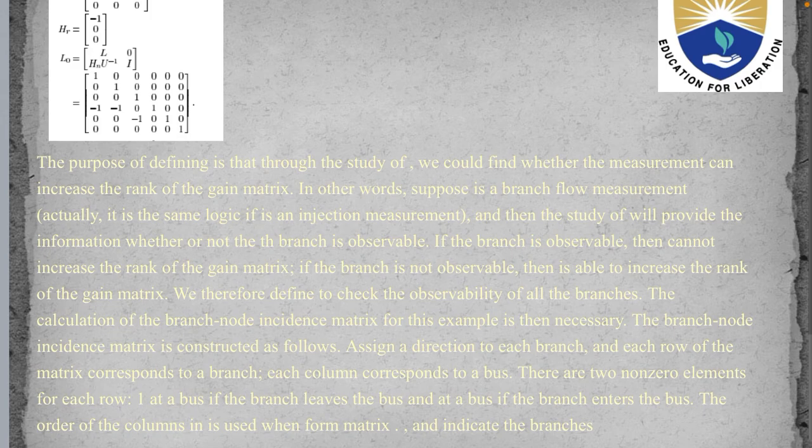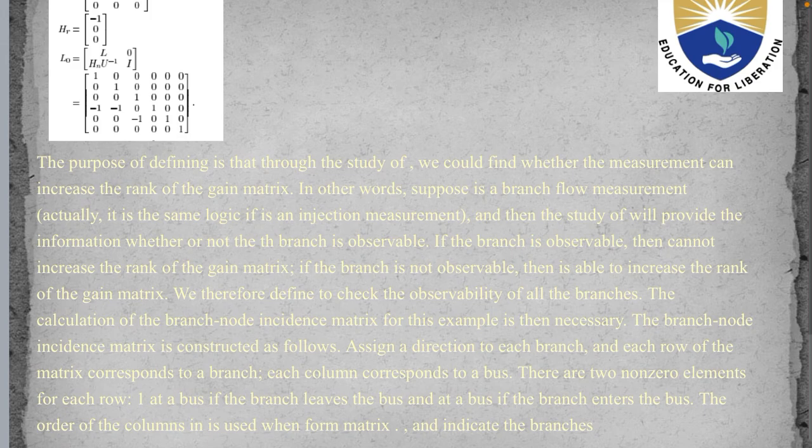We therefore define this. To check the observability of all branches, the calculation of the branch node incidence matrix, for example, is necessary. The branch node incidence matrix is constructed as follows. Assign a direction to each branch, and each row of the matrix corresponds to a branch. Each column corresponds to a bus.